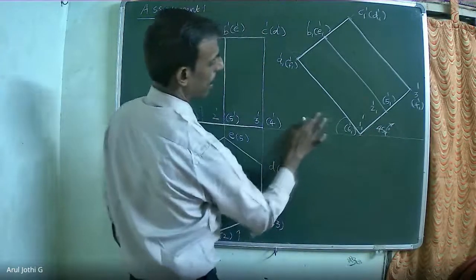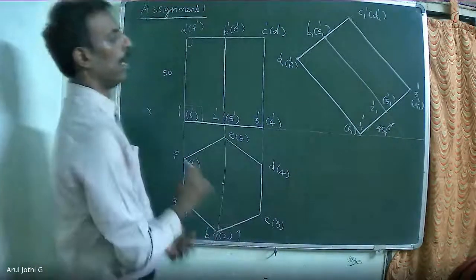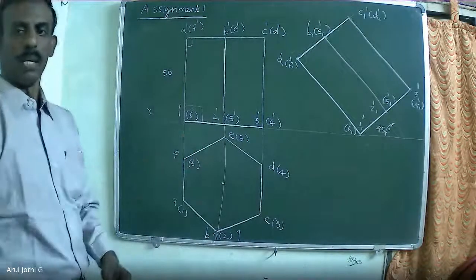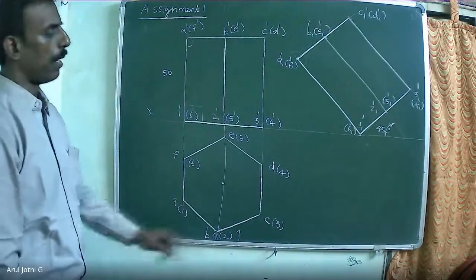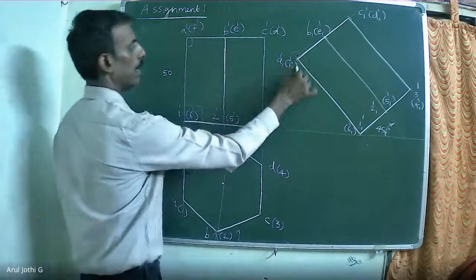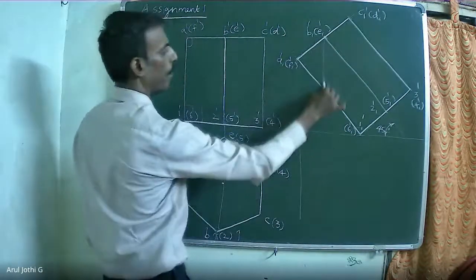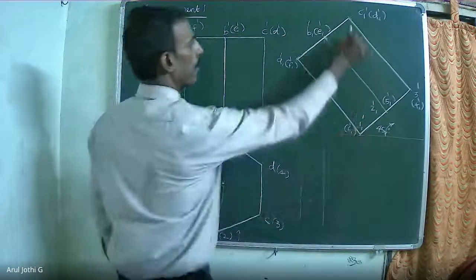After construction, you can erase these lines. Now using this projection, you are going to draw the apparent top view. Extend all the corner points of the front view and the top view vertically and horizontally.